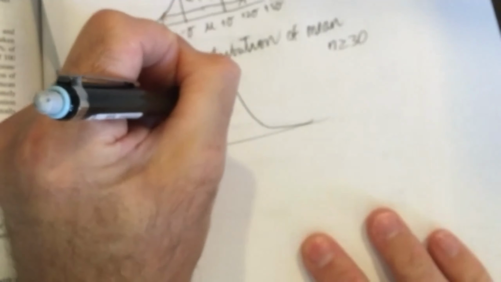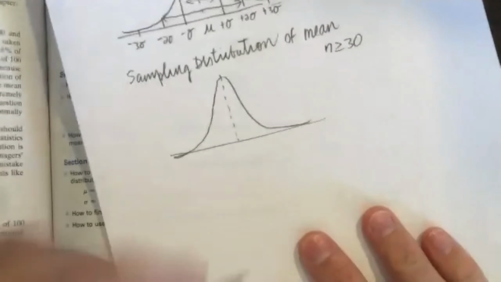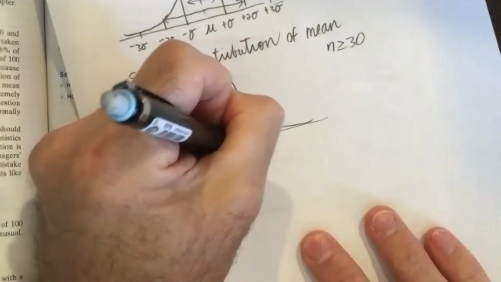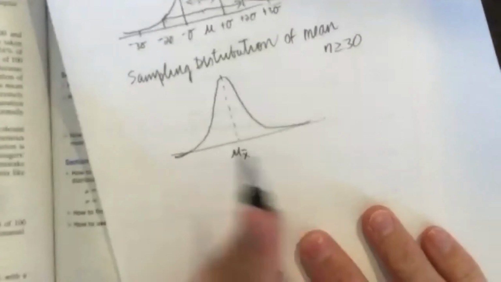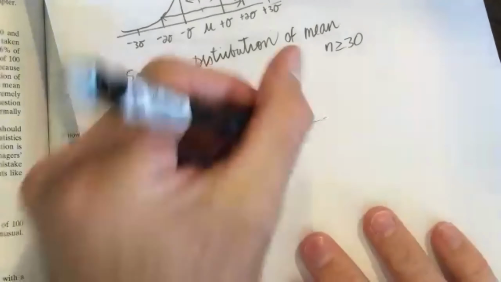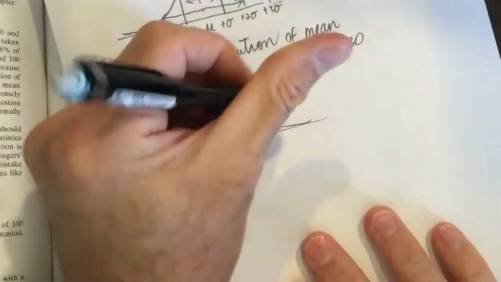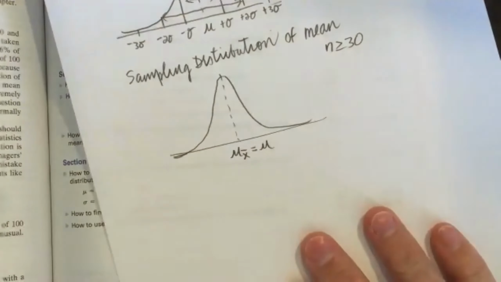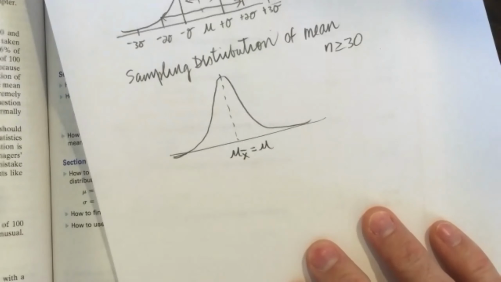And the sampling distribution of the mean says all the possible samples are going to be distributed about the mean, which is the mean of the population. So the mean of a bunch of samples, in other words, the mean of a bunch of means is the mean. The average of a bunch of averages is the average.